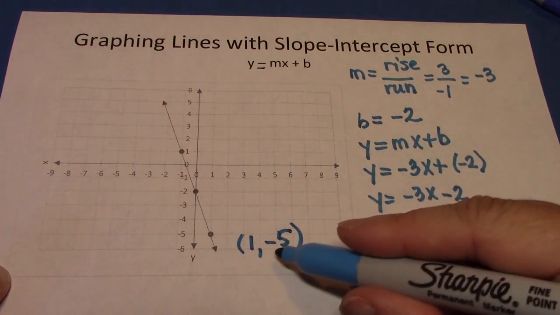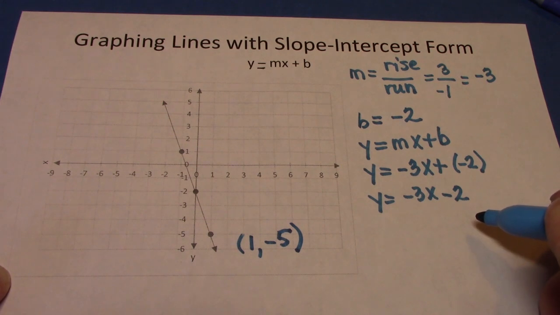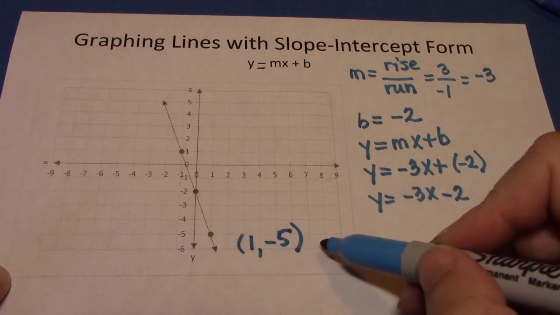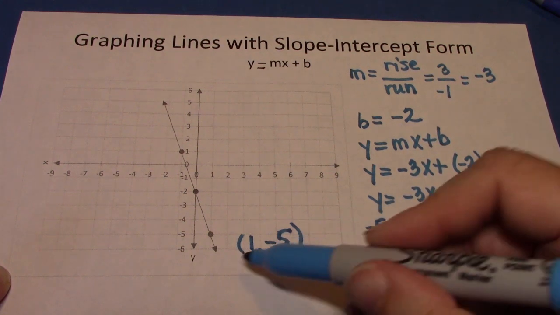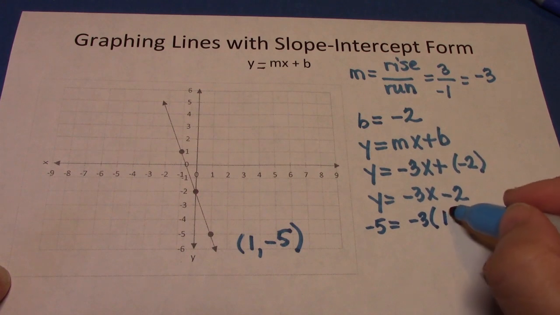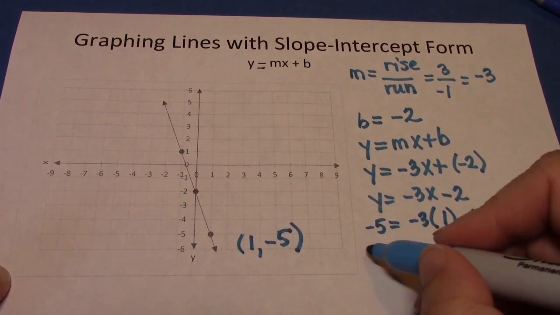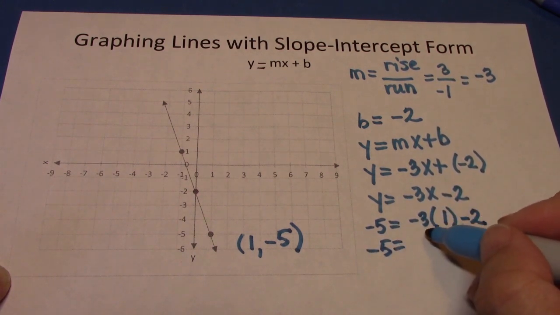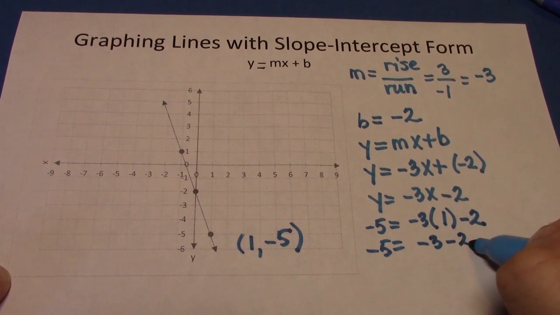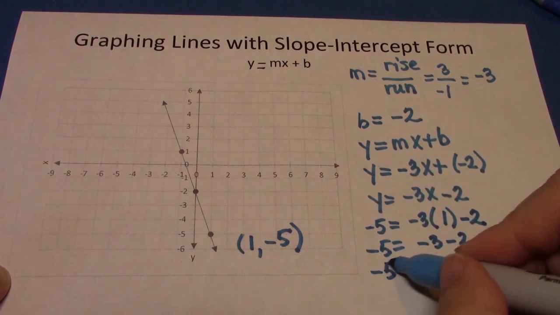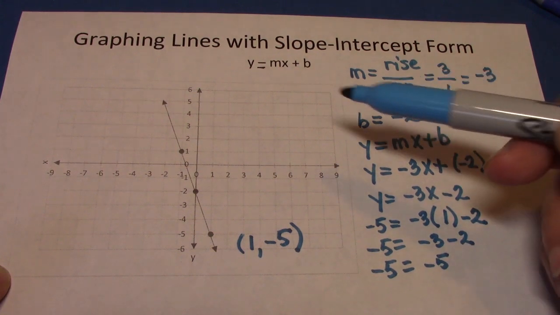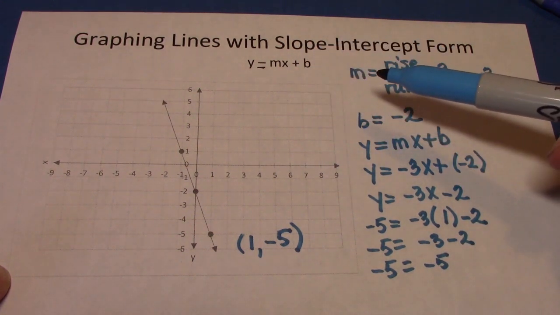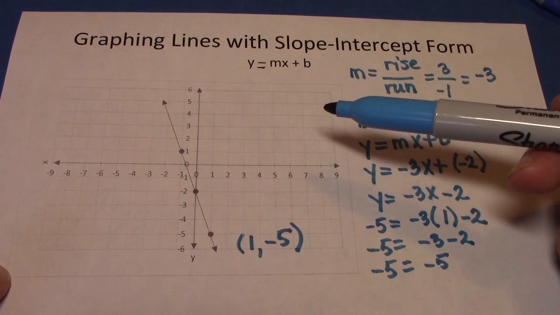If we substitute those numbers in for y and x, we'll get a true statement. So its y value is -5 equals -3 times its x value, that's 1, minus 2. -5 equals -3 minus 2. -5 equals -5.